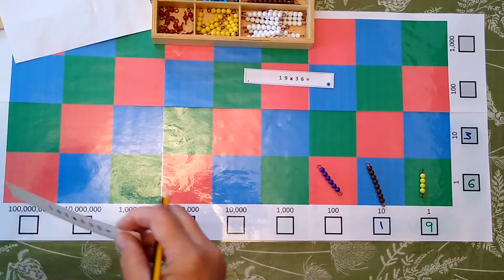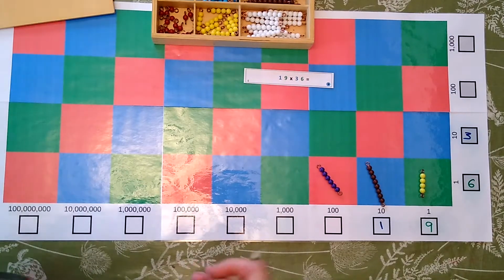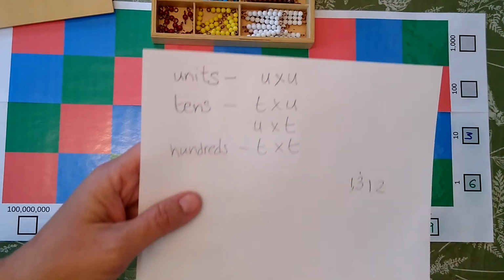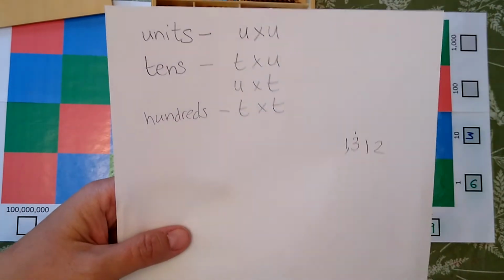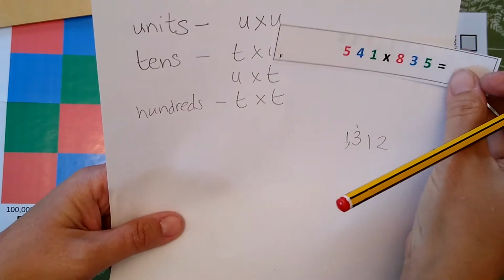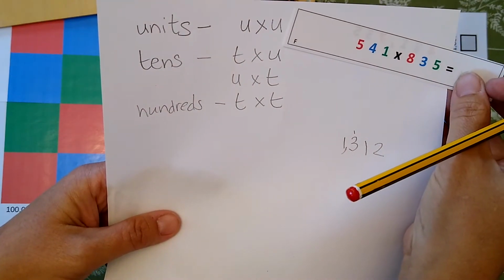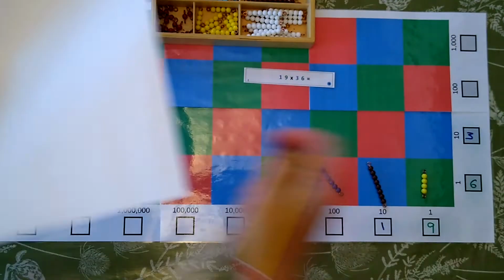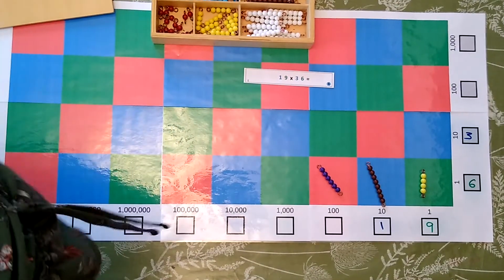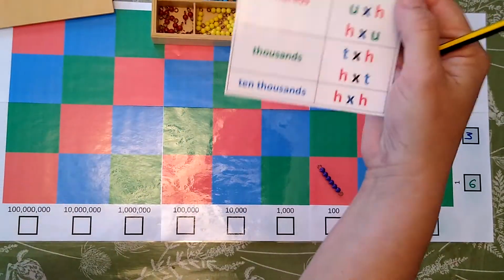Maybe leave them for a while and see if they can come up with their own list like this of what you would need to multiply to find the answer to a 3-digit by 3-digit, and see if they can come up with it. They should come up, hopefully, with this.